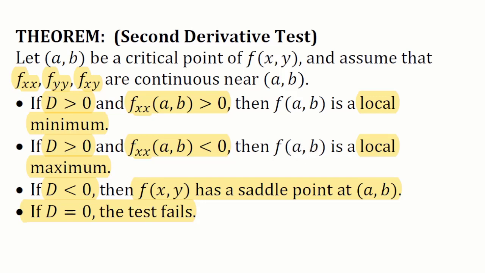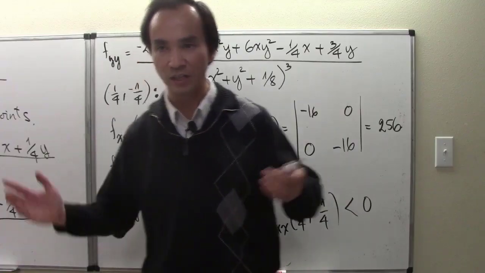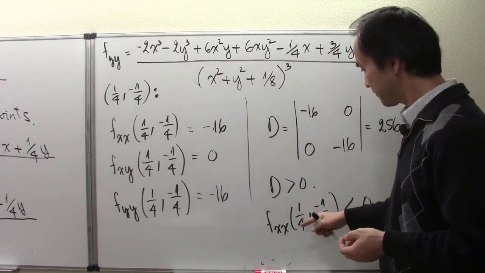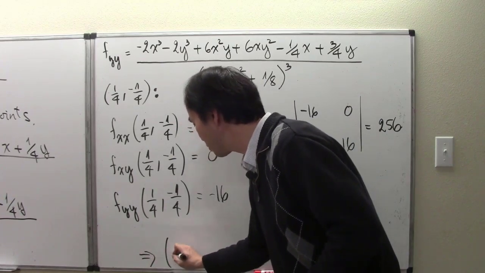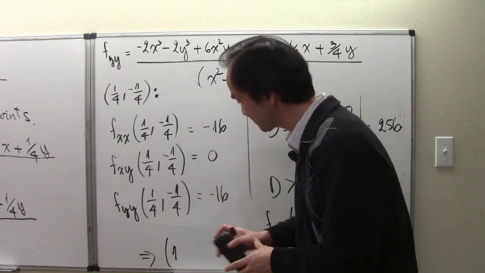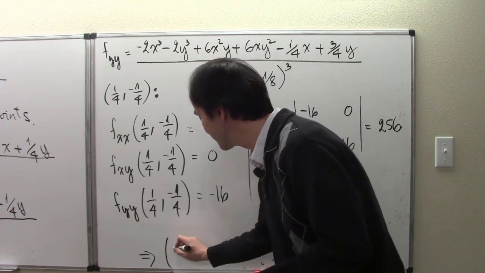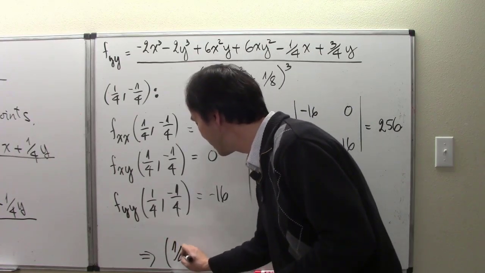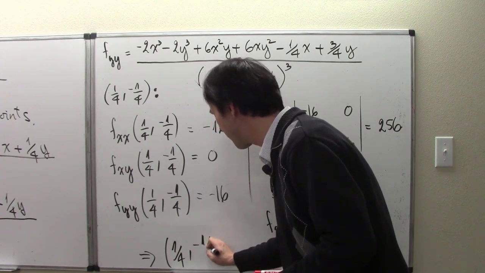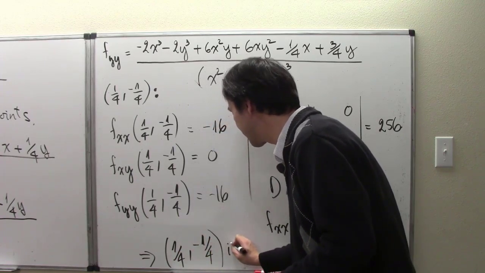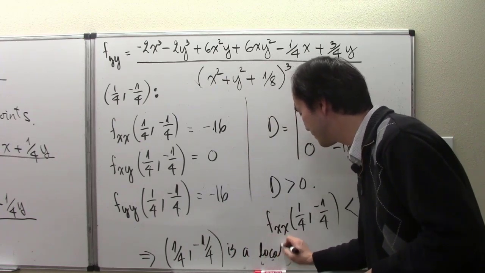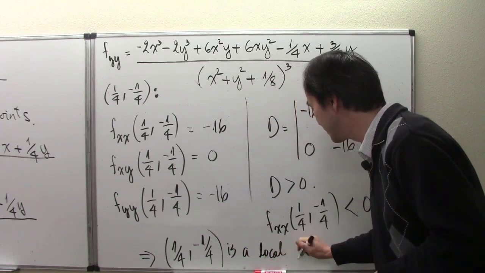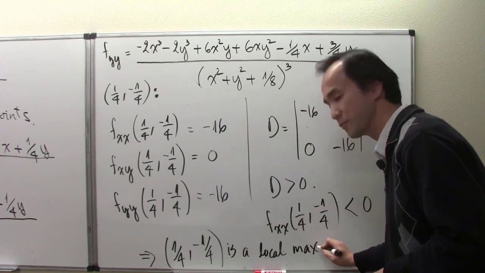So now we have a conclusion. That means this function right here, as a final conclusion, this point 1/4 comma negative 1/4 is a local maximum value.